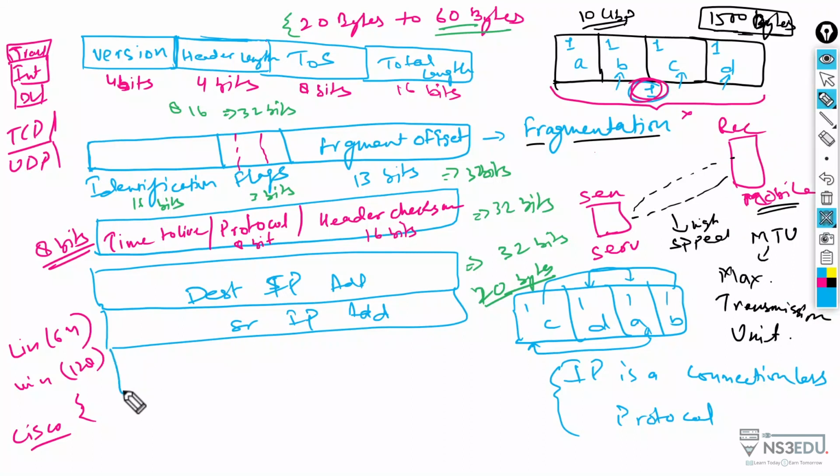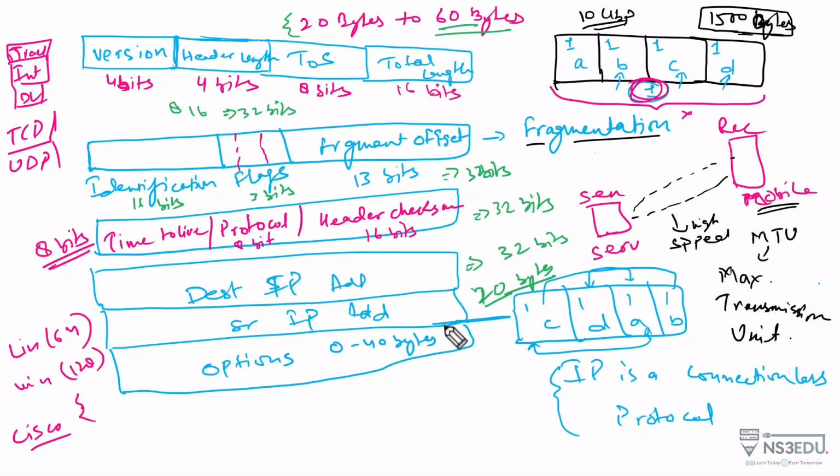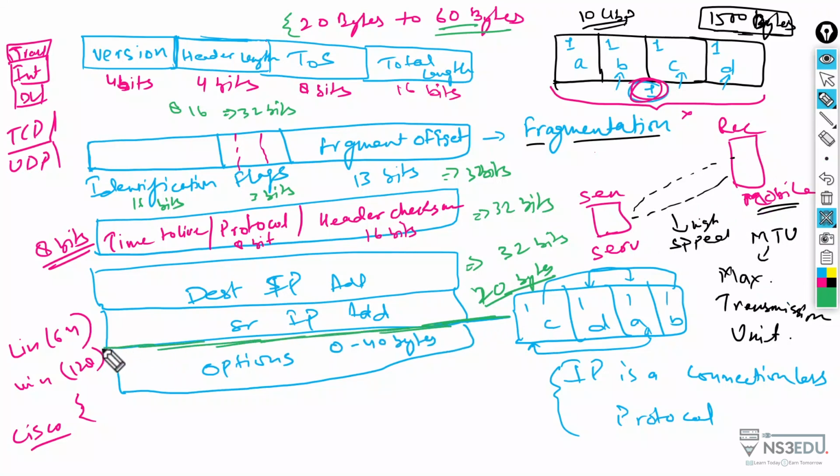You have got the options here that can be anywhere from 0 to 40 bytes. Now till here, this is the dividing line. 20 bytes are mandatory to be in a header.